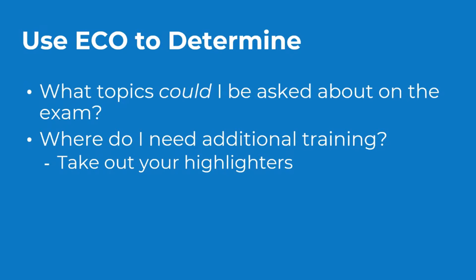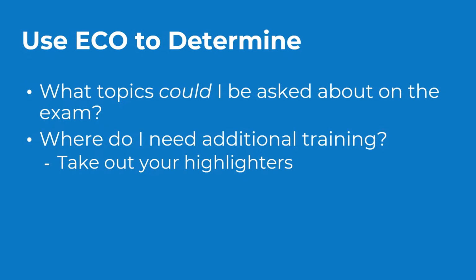It's one of my recommendations for you. You have to read it in order to understand what topics could I be asked about on the exam. Things like compliance categories, as we have just seen in this sample question. And then you can also use it to determine, where do I need additional training?